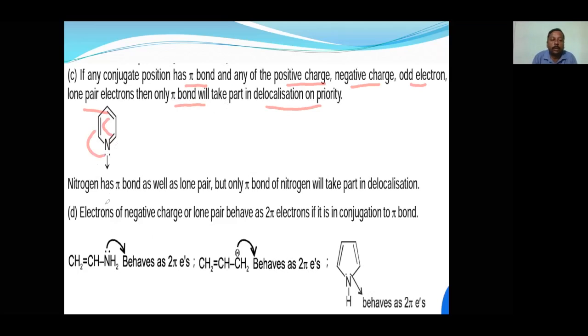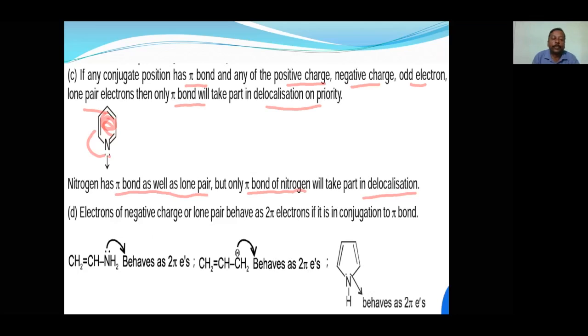Pi bond only. Nitrogen has a pi bond as well as a lone pair, but the pi bond of the nitrogen takes place in the delocalization. This delocalization is much more effective than the lone pair. So if two lone pairs are there, only one lone pair you will count. Two pi bonds are there, only one pi bond you will count. If pi bond and lone pair both are there, you will count only the pi bond.